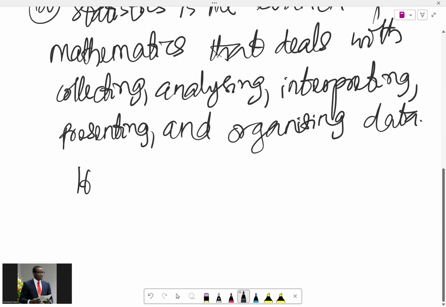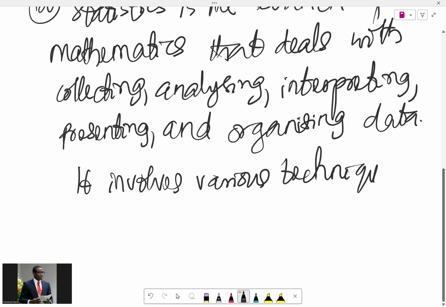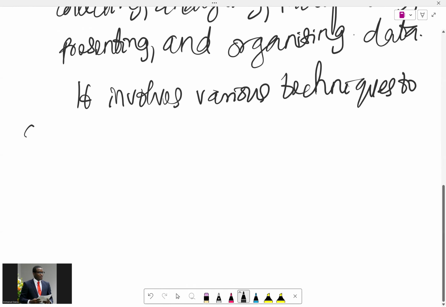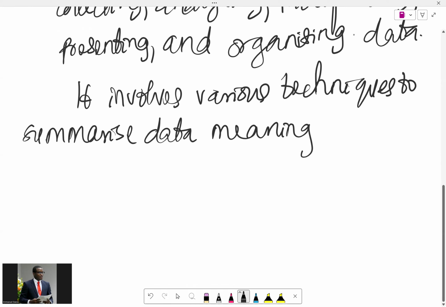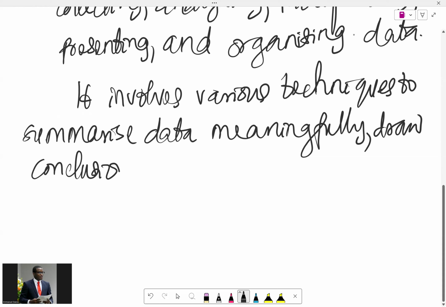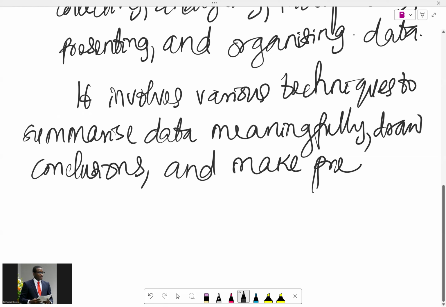It involves various techniques to summarize data meaningfully, then draw conclusions, and make predictions based on the patterns observed.